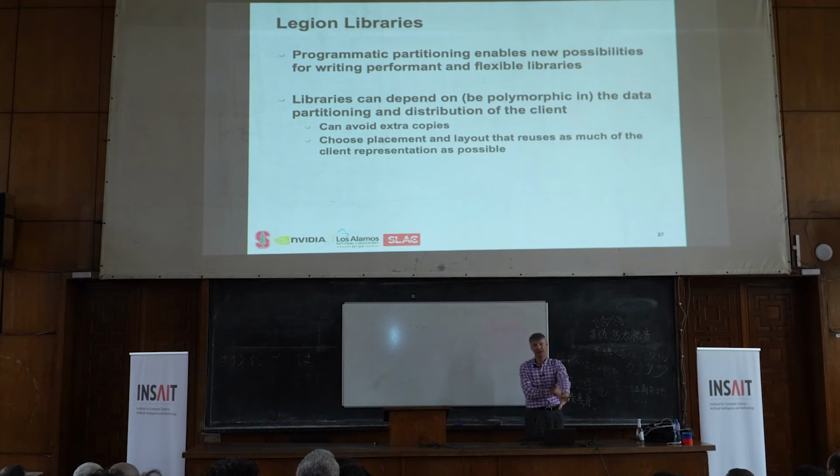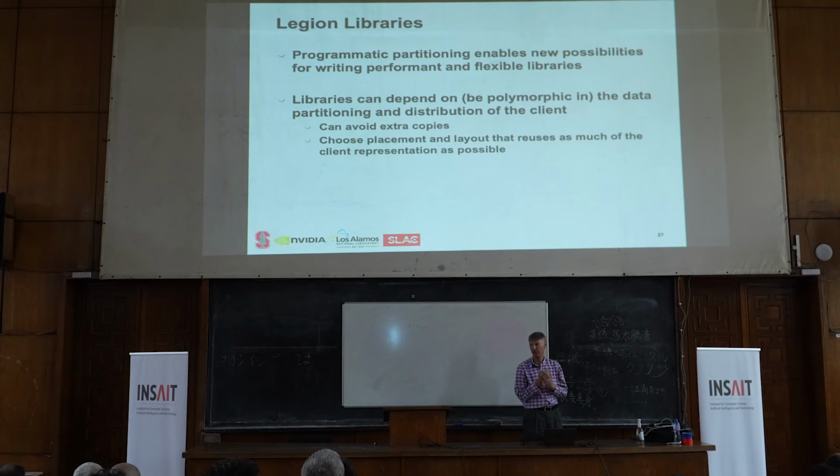If I tell you at this level instead, here are the subsets I care about, and I'm going to tell you for each task what subsets I'm using, then it's up to the runtime system to figure out how to orchestrate that movement in the most efficient way possible. Now I can do lots of things I couldn't do when the runtime system had no idea what those bits represented. In particular, we can avoid extra copies.